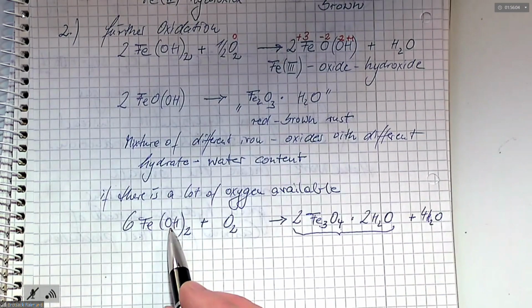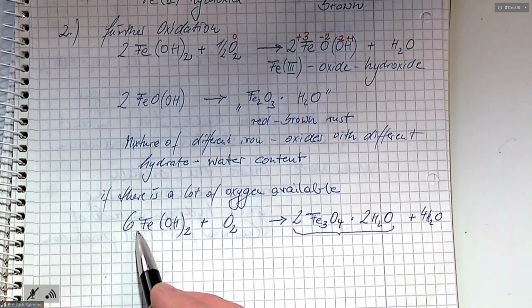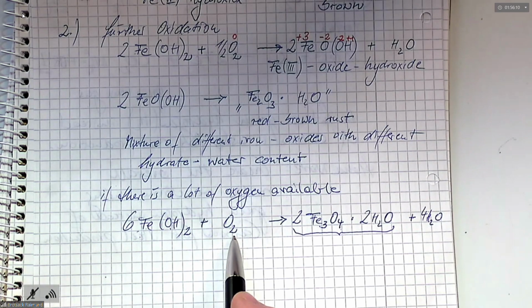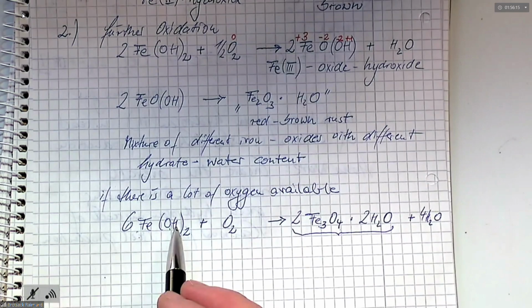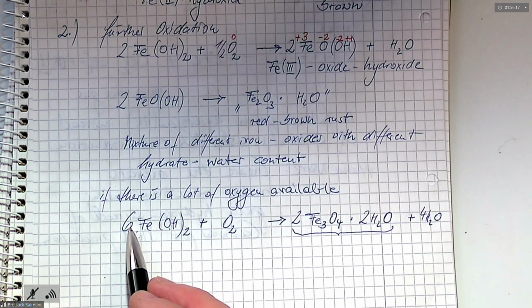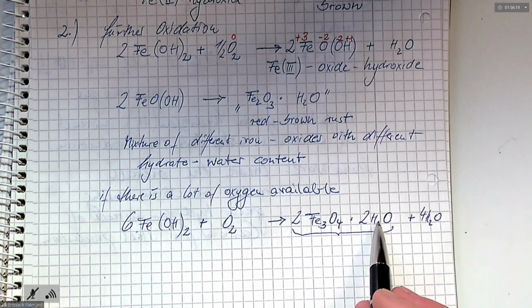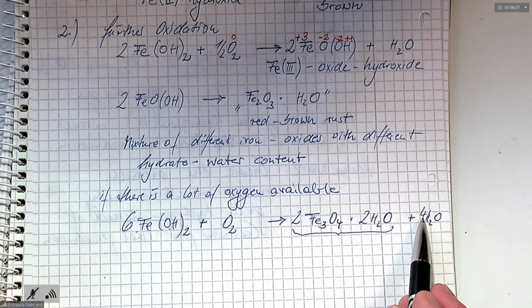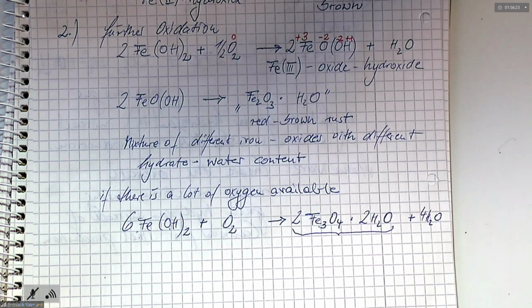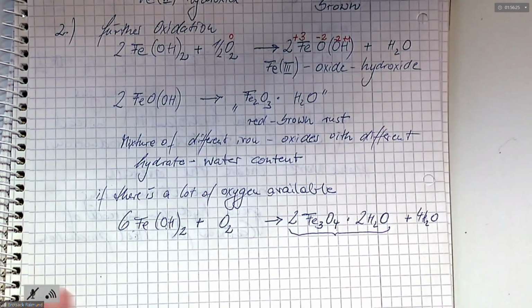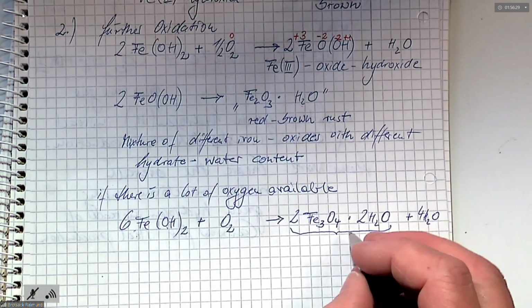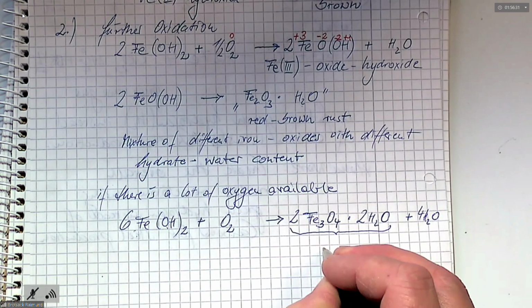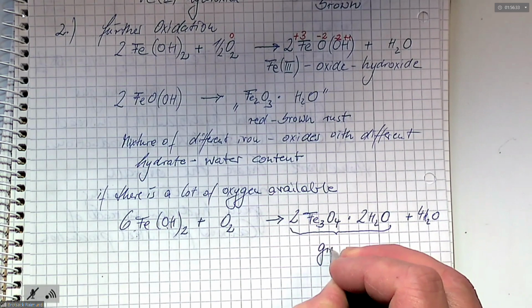On the right, 2 times 6 is 12, plus 2 is 14. We have 2 times 6, 12 hydrogen, and 4 plus 8 is 12. So it fits. And this is a mixed oxide. This has a green color.